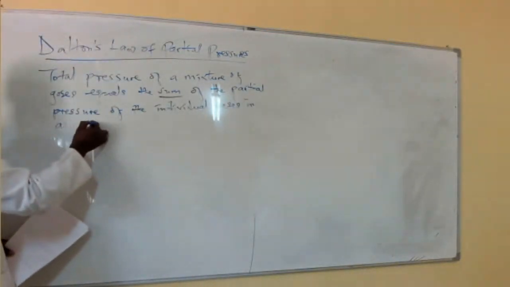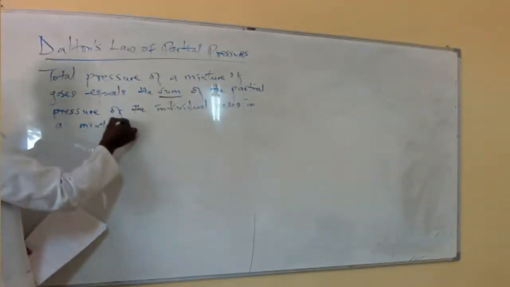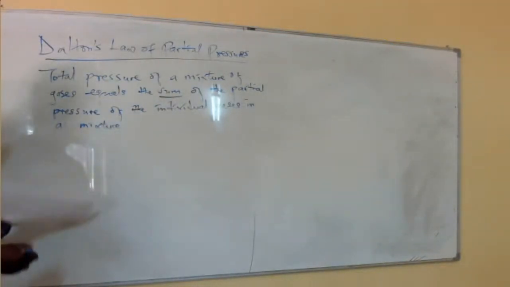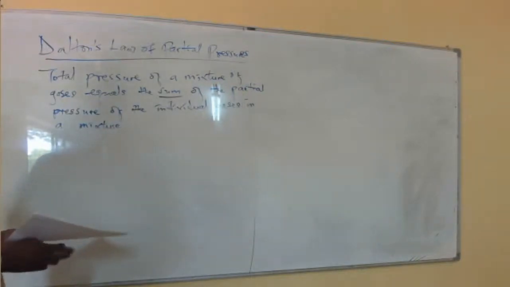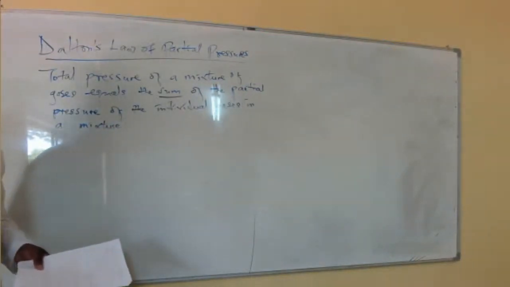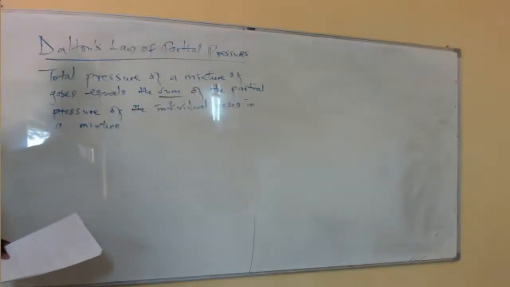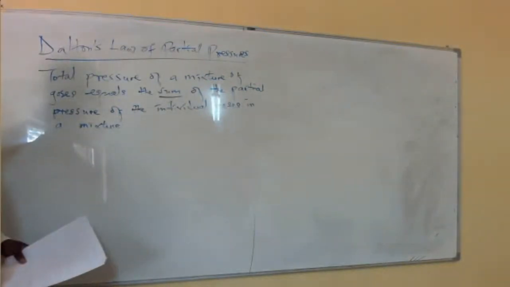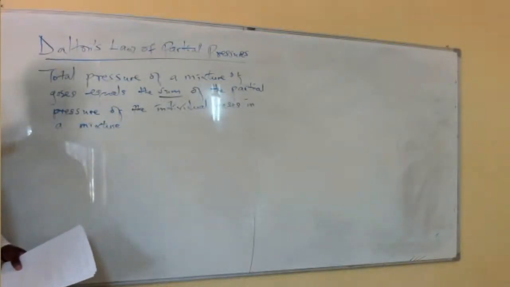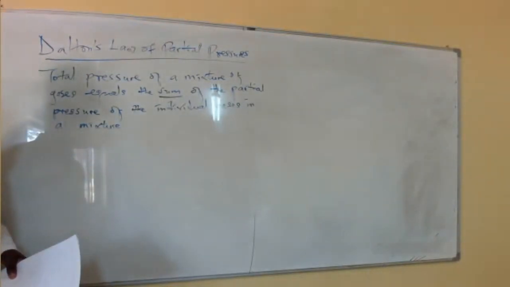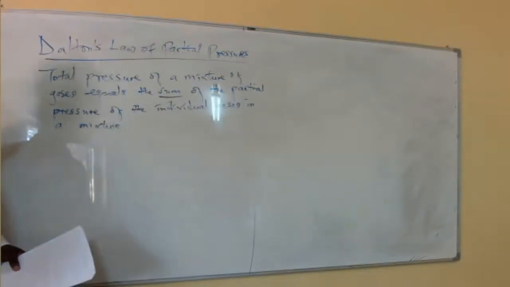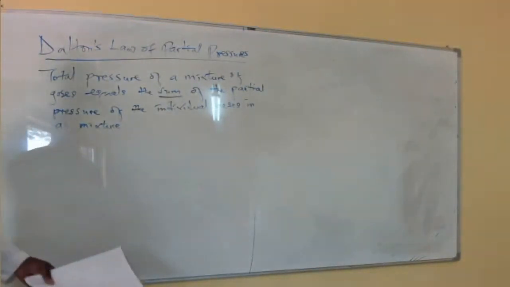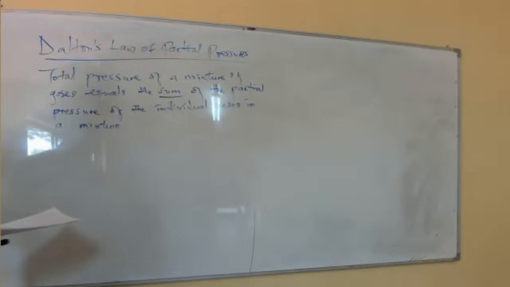So if we want to calculate the total pressure in a mixture of gases, what we want to do is to add up the individual pressures of the gases in the mixture, and then what we are going to have will be the total pressure of that mixture.